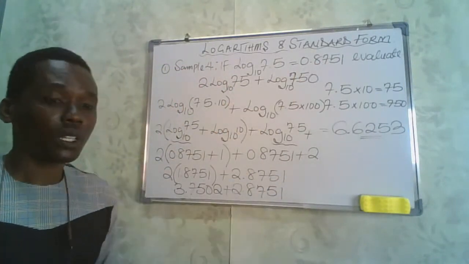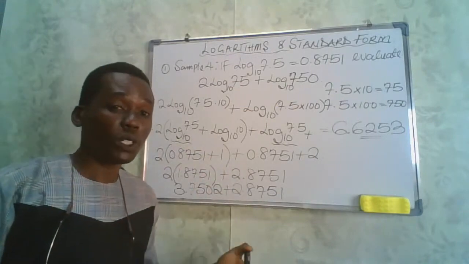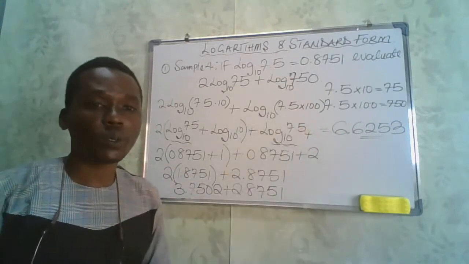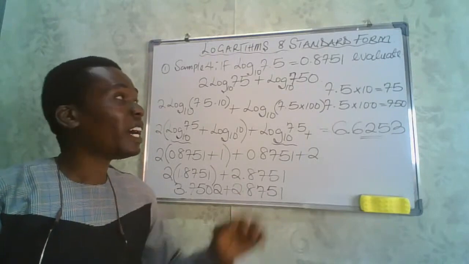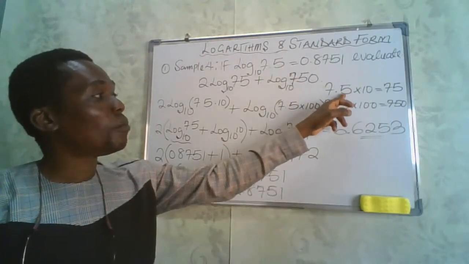It might seem so lengthy, but this is a typical JAMB past question. If you know what you are doing, you're not supposed to take time in solving this question. All you just need to do is to simplify, such that you have 7.5 multiplying this.